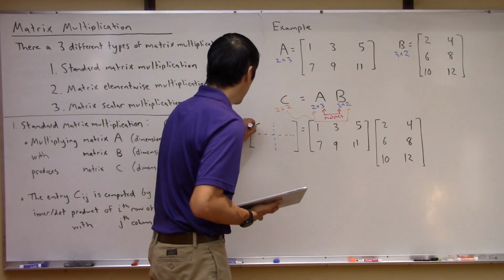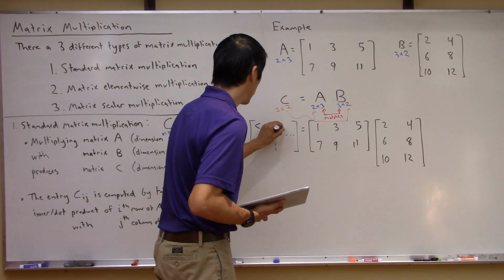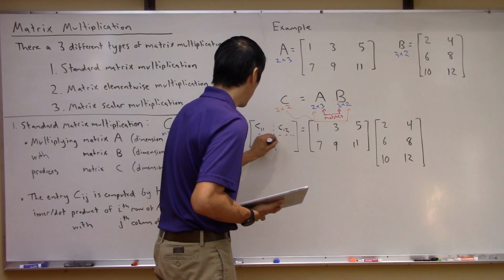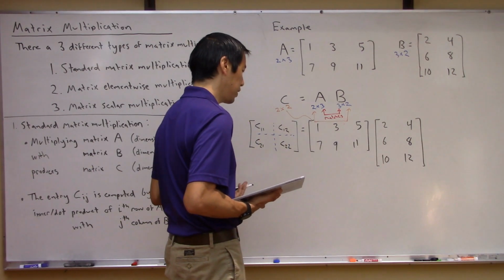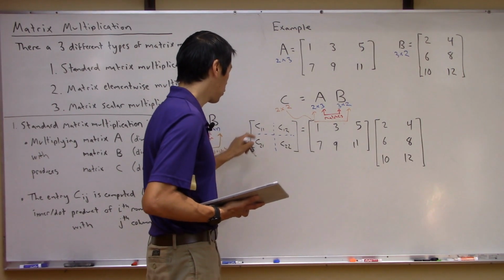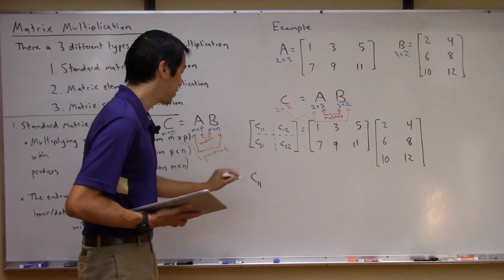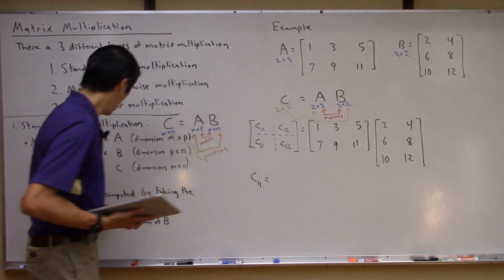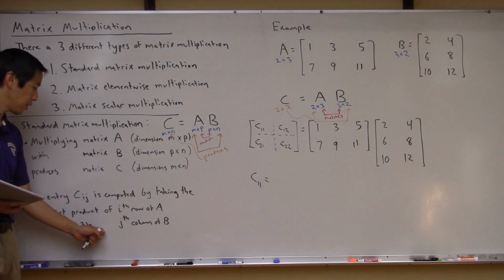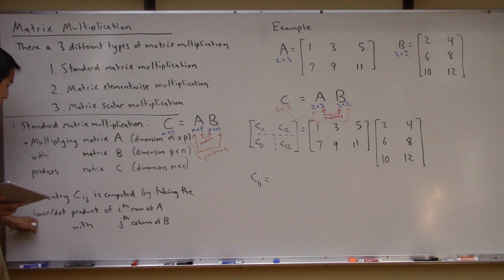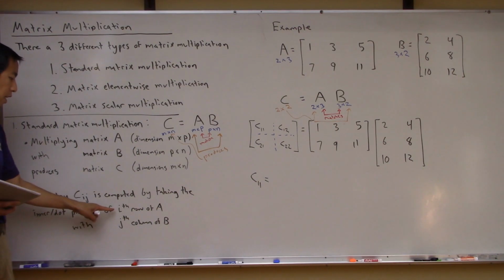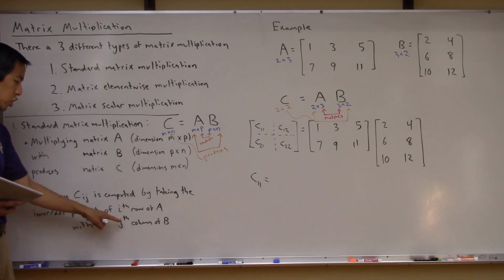We need the C11, the C12, the C21, and the C22 elements. Let's look at the first one, C11. According to our definition, the way we get C11 is you take the inner or dot product of the ith row of A with the jth column of B.